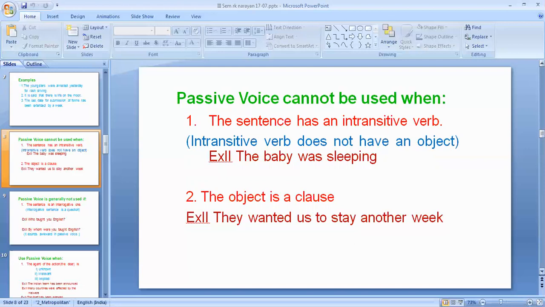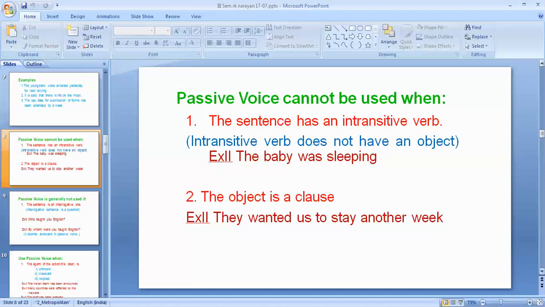What is the first one? The first one is that if the sentence has an intransitive verb, we cannot use passive voice. It is not possible for us to use passive voice.